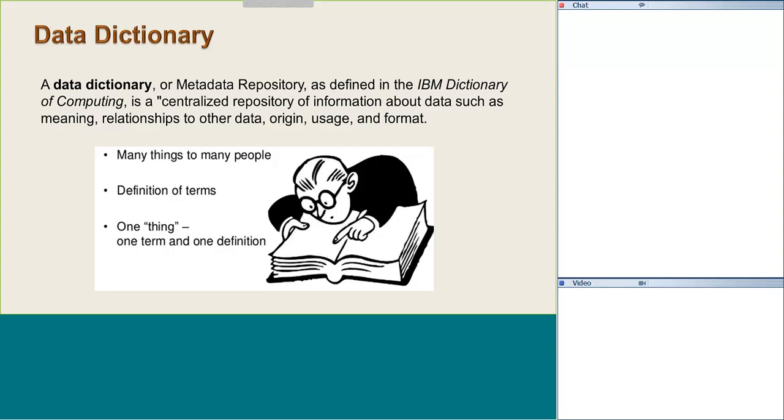How many distinct data elements do you think you've got in your database? Now, in general, I usually get answers of around anywhere between 3,000 and 7,000 different data elements. That's pretty much, on average, what I get.